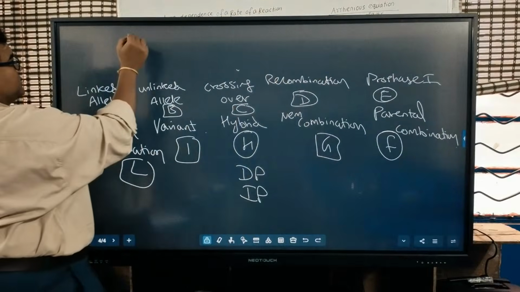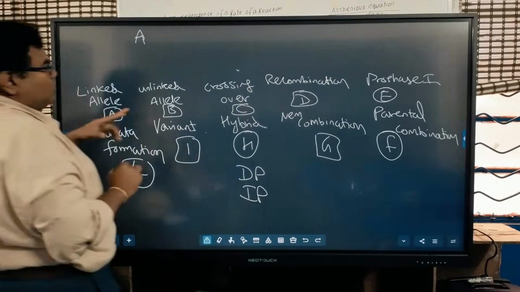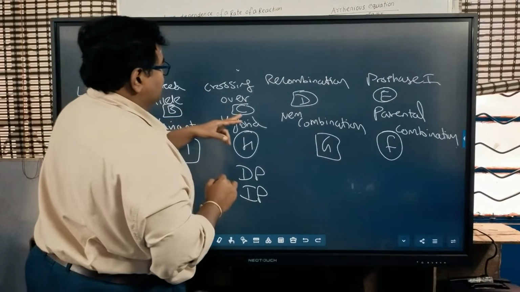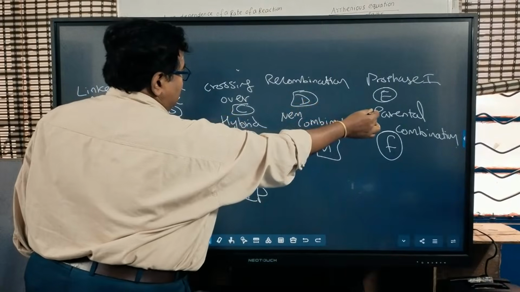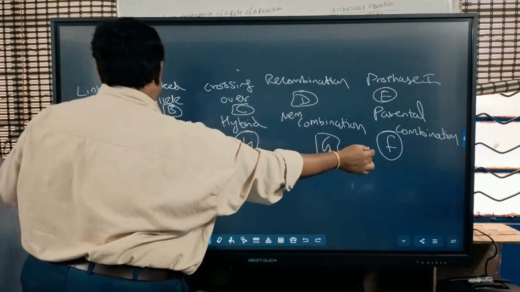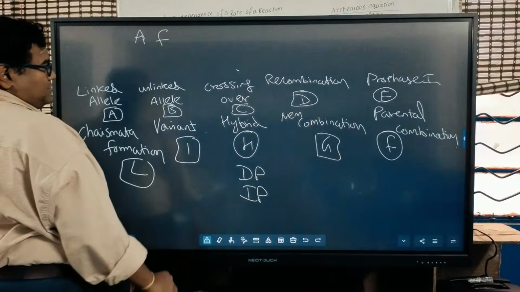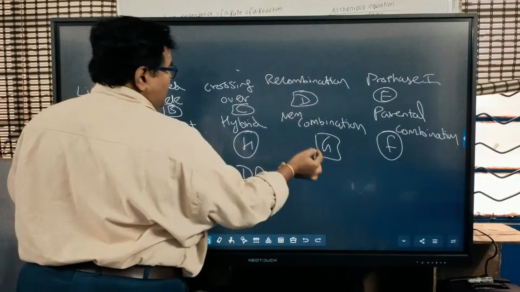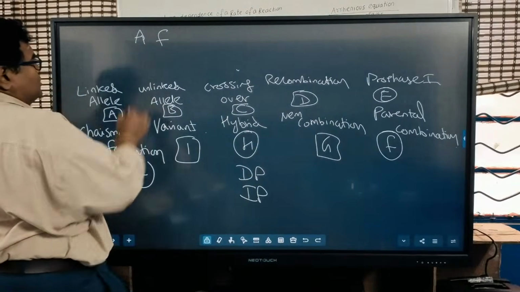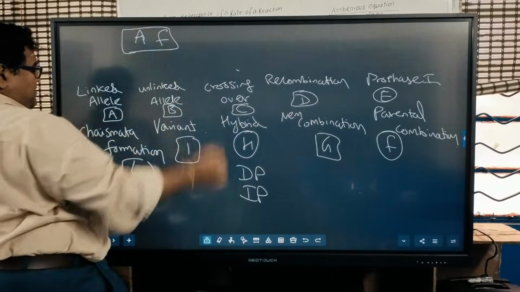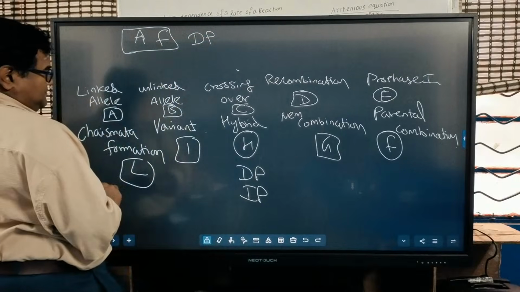The simple logic is A will not decide B, will not decide C, D, E, will decide A. A is linked allele and F will decide the parental combination. And new combination no, hybrid no, variant no, chiasmata no. So A and F are directly proportional with each other.